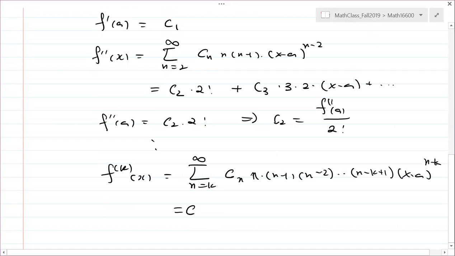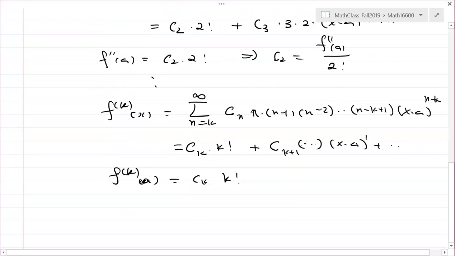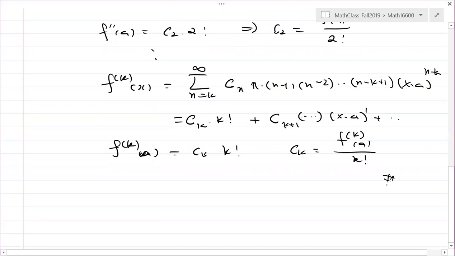The first term, the leading term, is c_k times k factorial, plus c_(k+1) times some constant, which we don't care about. So when you plug a for x on both sides, only the first term is left on the left and right hand side. So finally, you get all the coefficients. This implies c_k equals f^(k)(a) over k factorial. So we're done with the proof, and that means we determine the coefficients.